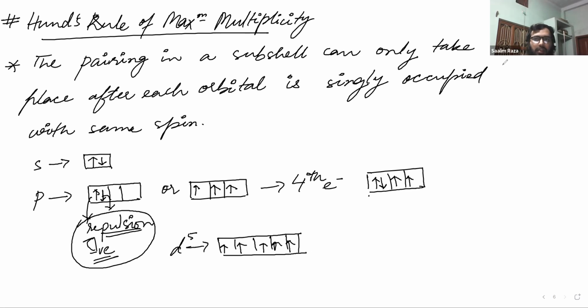But if we have d6, one more electron, then the pairing will start. Got it? And when we are filling the arrow which faces downwards, the anti-clockwise spin, we can pair it anywhere. For the fourth electron, this is the configuration.